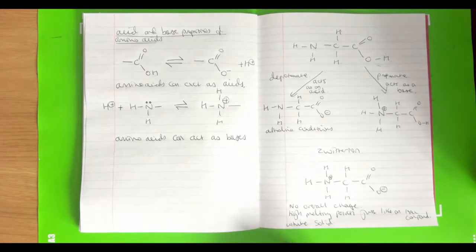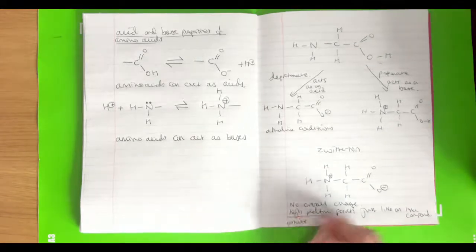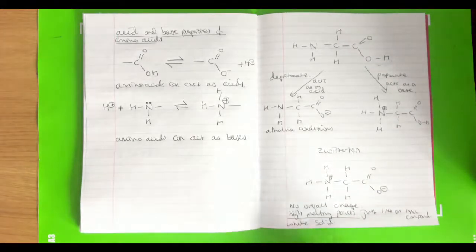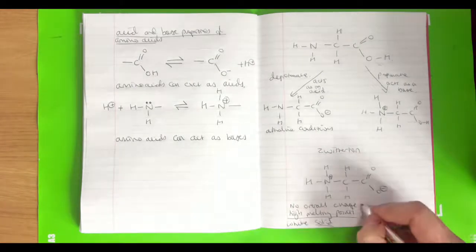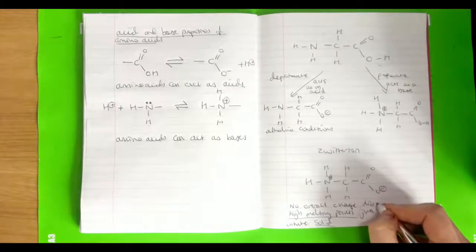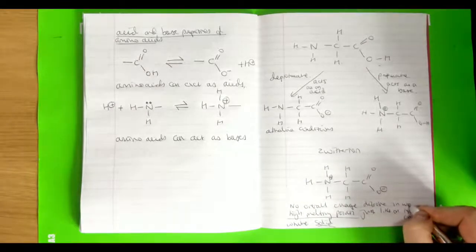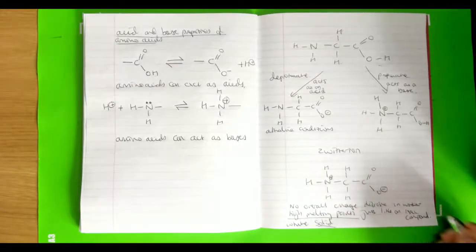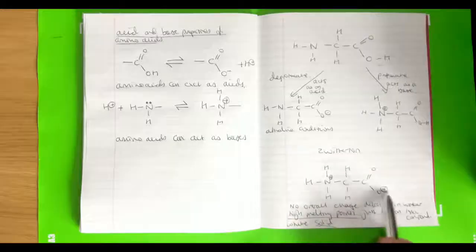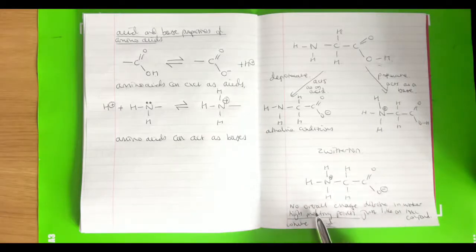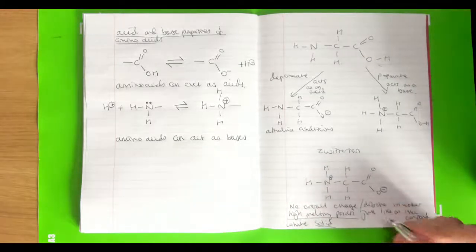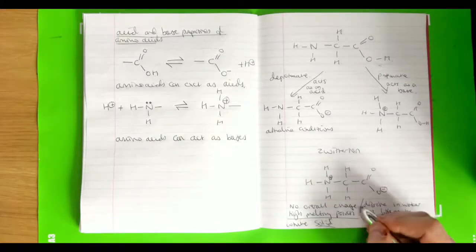And so properties of Zwitter ions: high melting points, they're solids at room temperature, and they dissolve well in water as well, okay? The reason why they dissolve in water is because they've got a positive and negative end there, and they won't dissolve in non-polar solvents, like something like hexane.